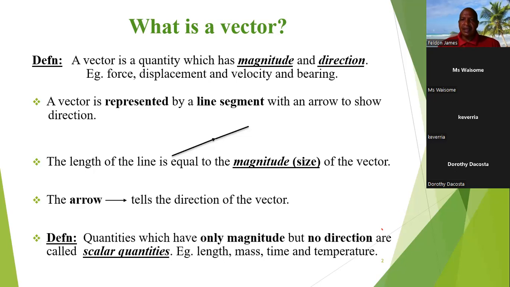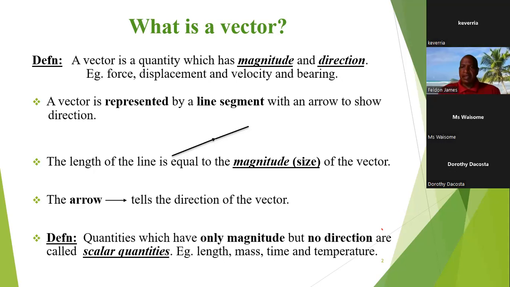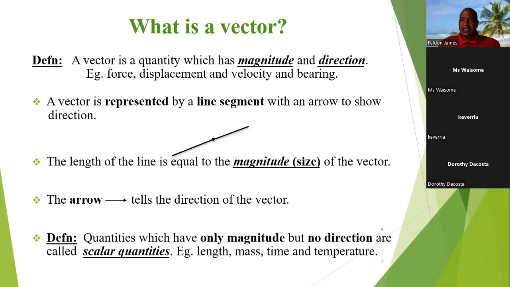The line that we have here is not a vector, it's a line segment. But we use it to do what? Represent. So the line itself is not a vector, but we use it to represent a vector. Raise your hand if that is clear, guys. Ms. Cabrera, you understand what I'm saying? Yes, sir. Ms. Wilson? Not quite, sir.